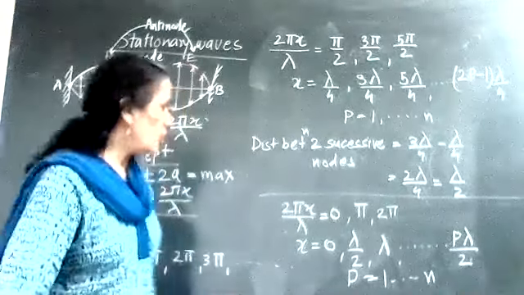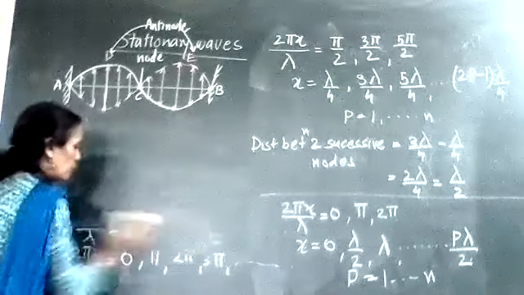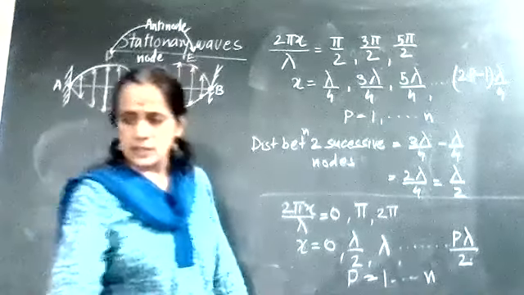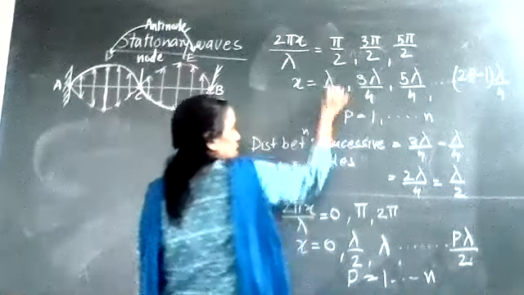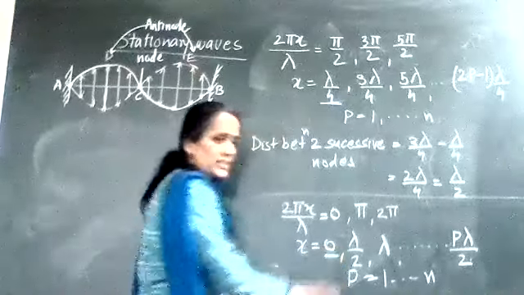Clear? So now from this expression I can draw one more conclusion. See here, I am getting the first node at a distance of lambda by 4, and I am getting the first antinode at a distance 0.